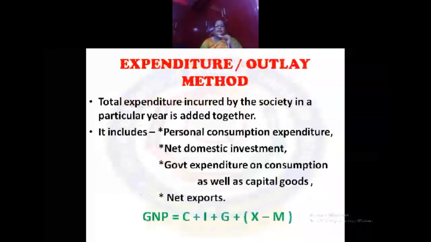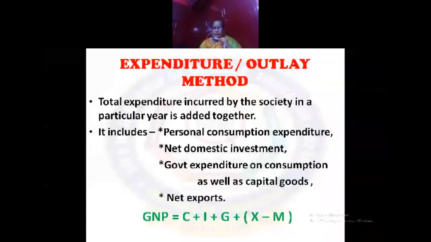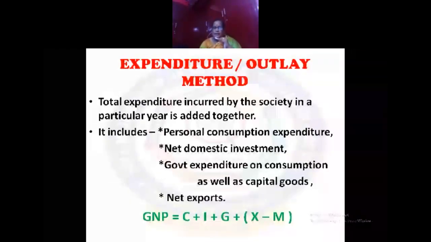Now, let us talk about the third method. Product is over, income is over. Now, expenditure method. Expenditure method is also called the outlay method. Under this method, the total expenditure incurred by the society in a particular year is added together.